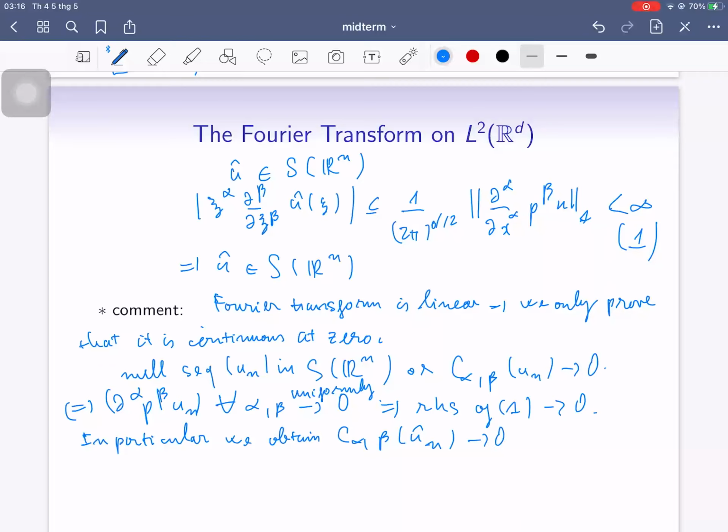So u_n hat is also a null sequence. So this proves the continuity.